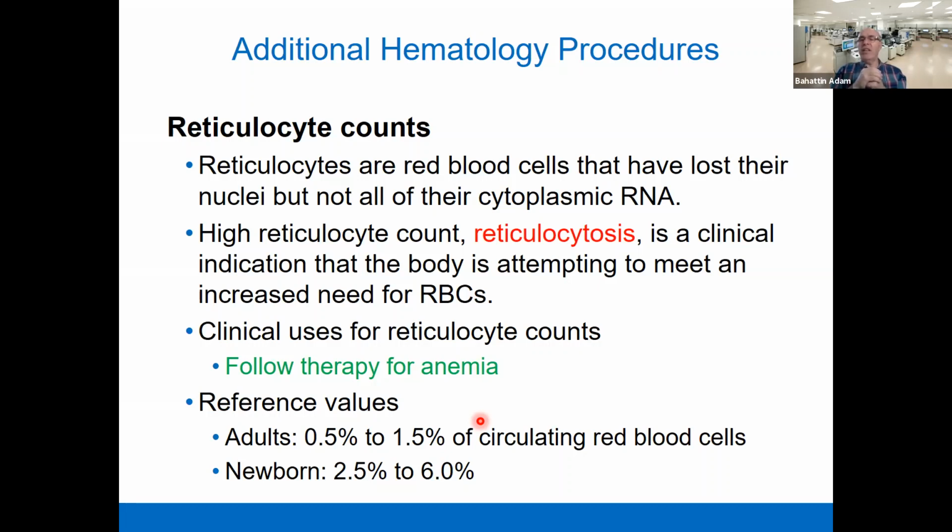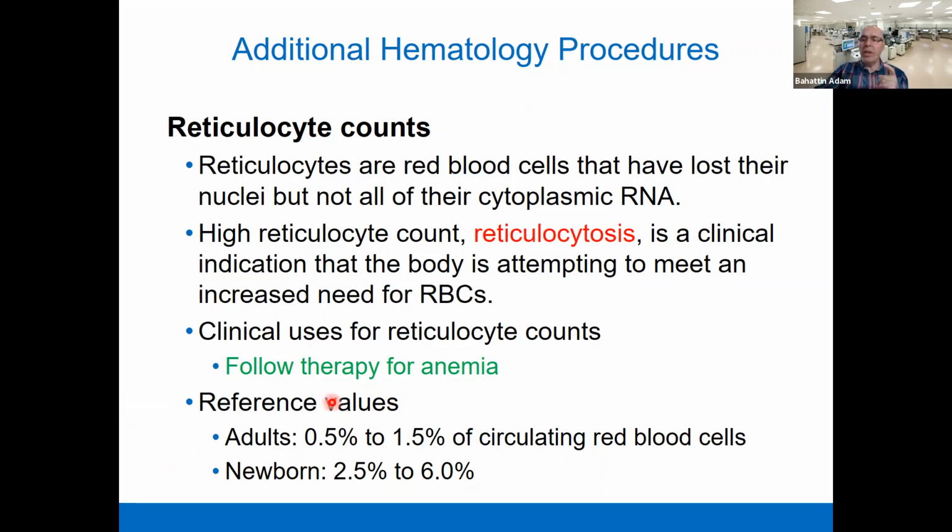What that means is, if you have a low concentration of red blood cells, your bone marrow attempts to produce red blood cells and increases its production. Increased production results in the release of some reticulocytes into the blood circulation, as you see here.